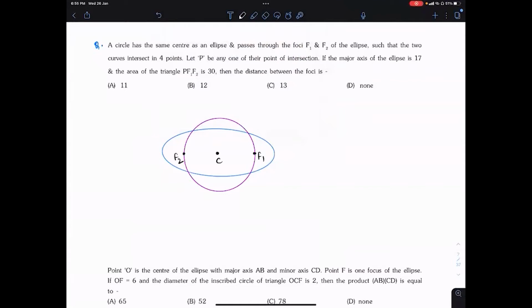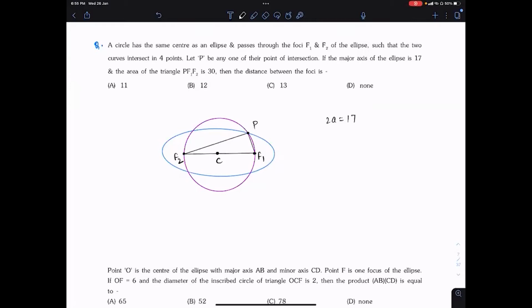Let P be any one of those 4 points of intersection. If the major axis of the ellipse is 17, that is, what is the length of the major axis? 2a, not a, 2a. Okay, 2a is given as 17. And the area of the triangle PF1F2, this triangle area they are giving as 30.